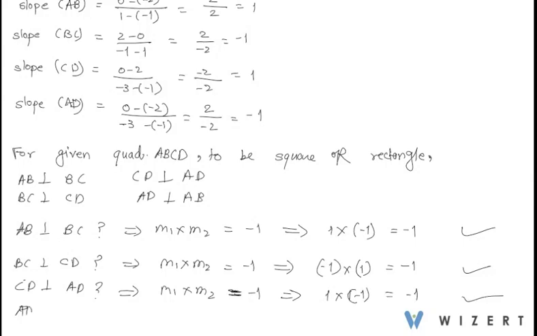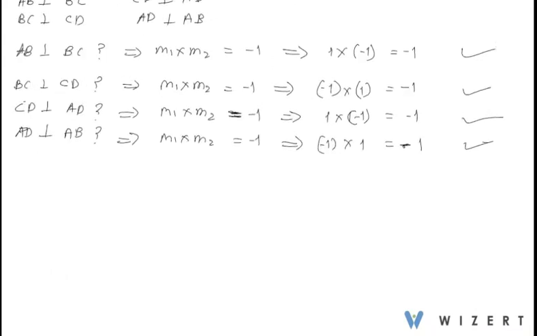Again AD, is it perpendicular to AB? M1 multiplied by M2 should be -1, and in this case as well we find that this is in fact true. So all the adjacent sides are perpendicular to each other. Now from here, this can be a square or rectangle.